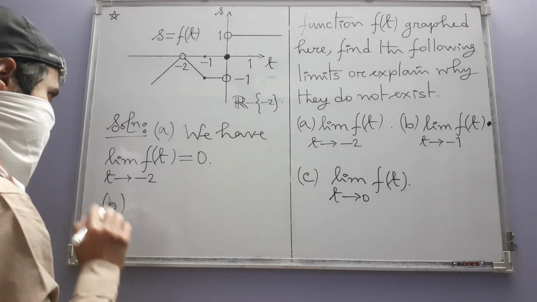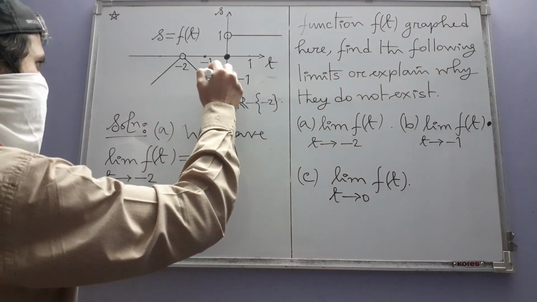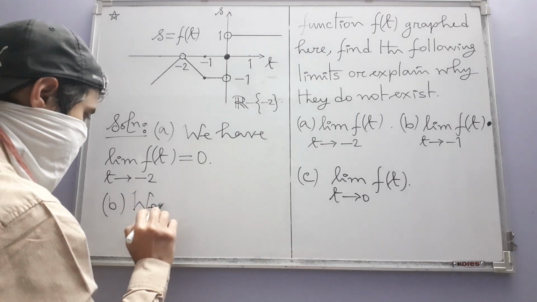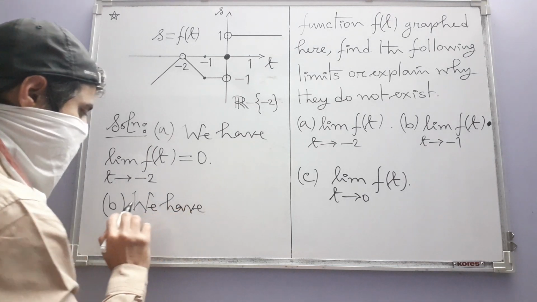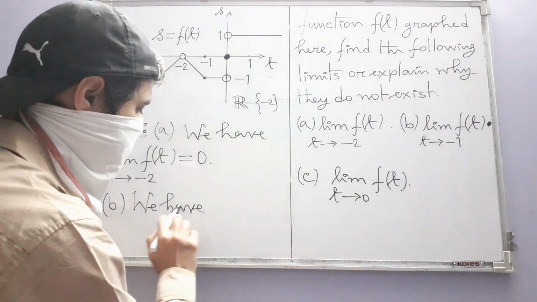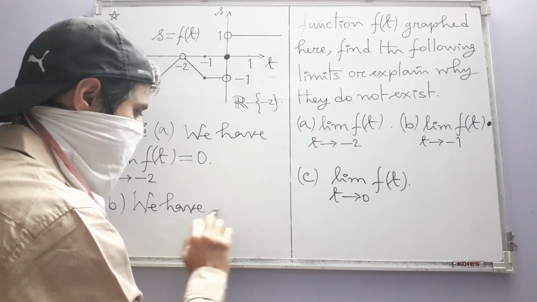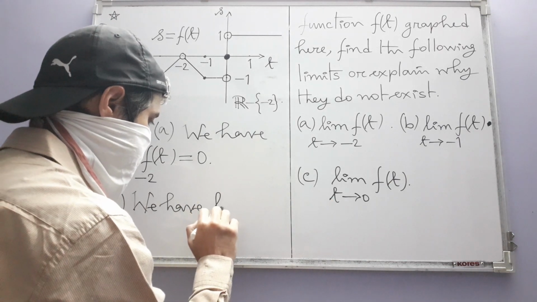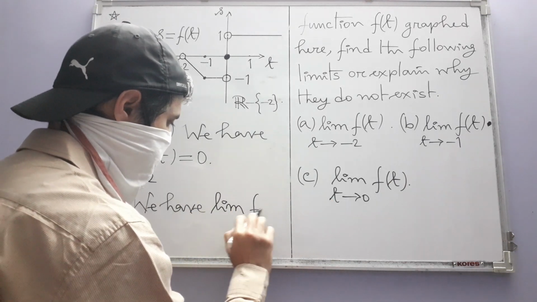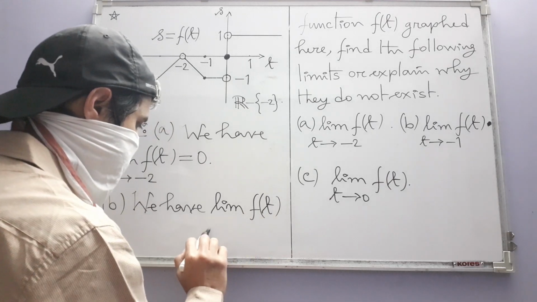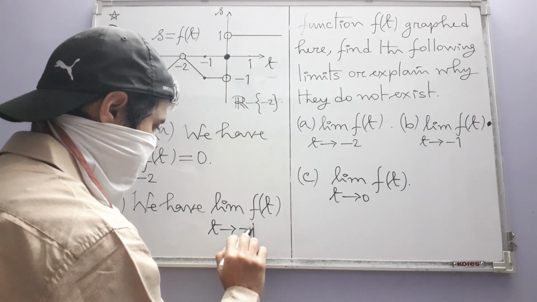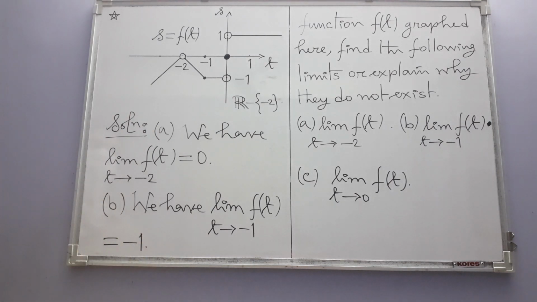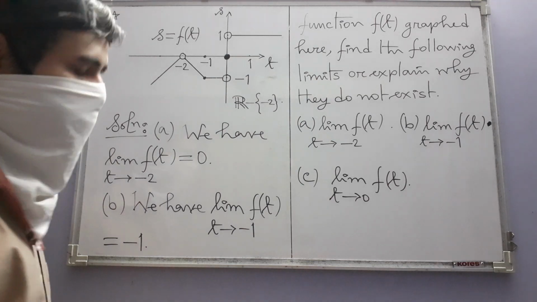So that is why in this case also the limit exists and the limit is -1. So we just simply write, or if you want to write a little more, we see from the graph that the limit is this. This is equal to -1.